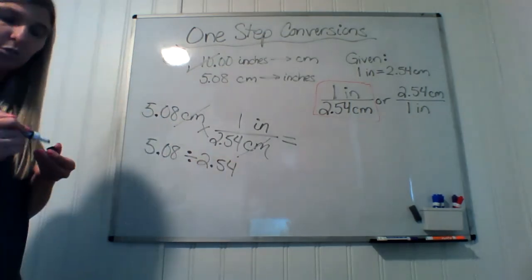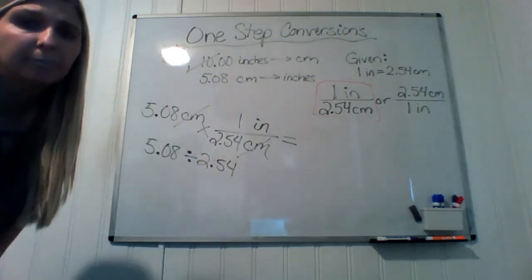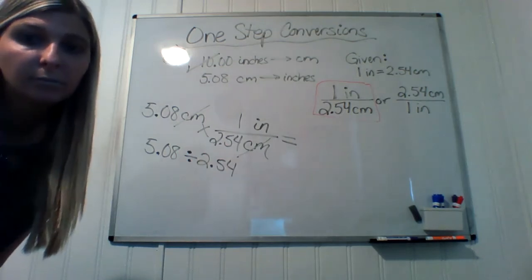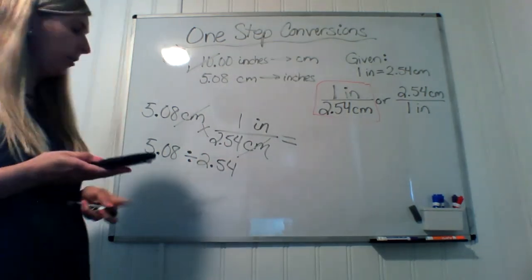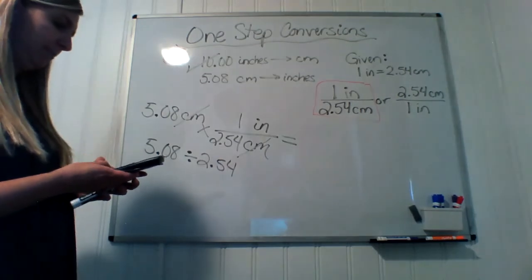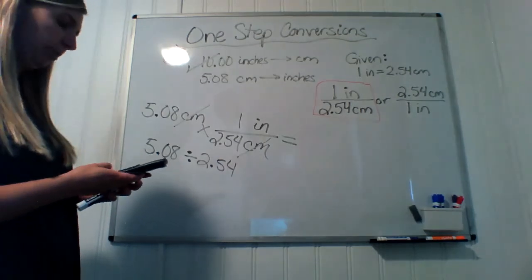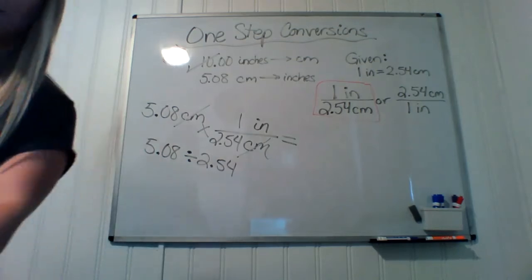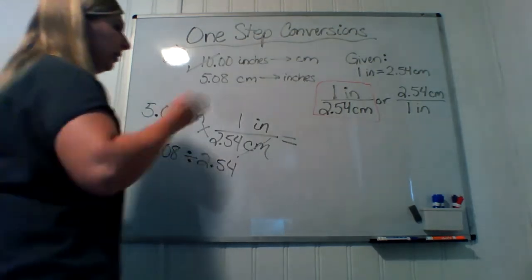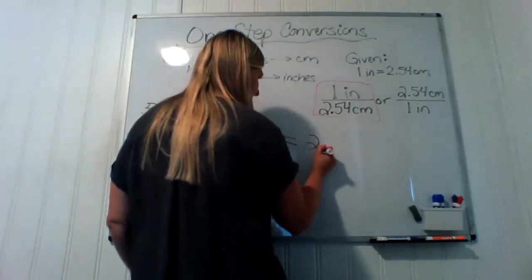We're going to put this into our calculator. So have your calculator handy. Divide by 2.54. All right, now what the calculator gives you is 2.